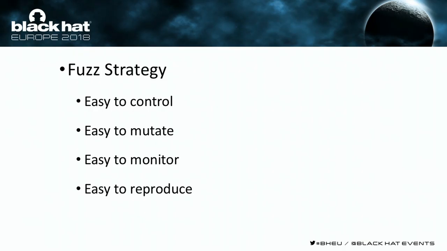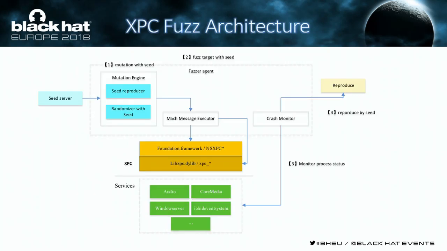Based on this information, we developed an easy but very efficient fuzzing tool. Our fuzzing strategies aim to be easy to control, easy to mutate, easy to monitor, and easy to reproduce. This is the architecture of our fuzzing tool for XPC.